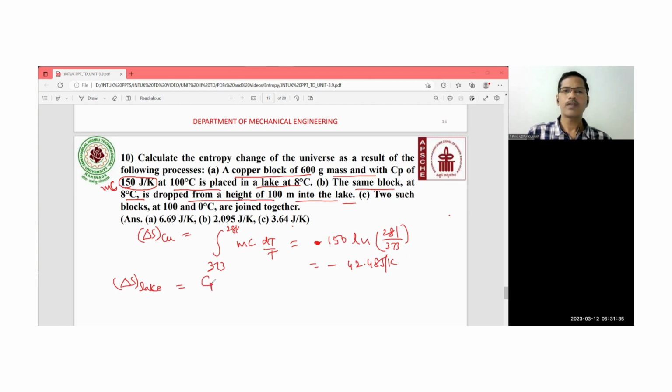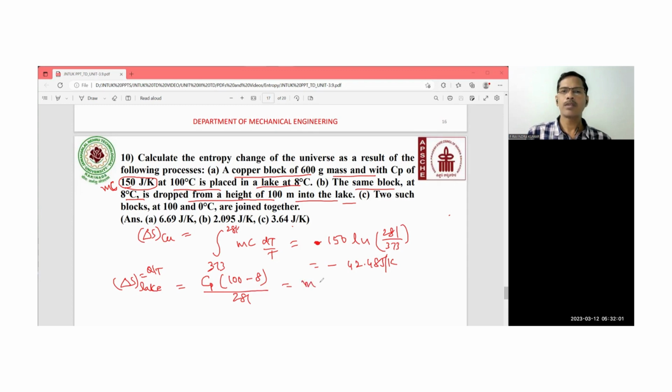So that is the specific heat of the lake into the change. Here you have to apply Q by T. Q is mc delta T, so 100 minus 8 divided by 281. What is this Cp here?